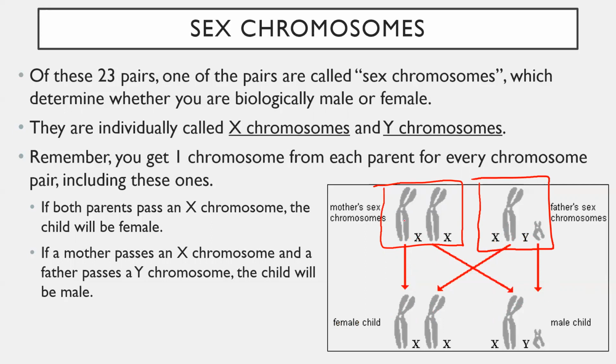However, if you get one of the X chromosomes from your mother and the Y chromosome from your father, that will make you male, right? So you'll have an XY pair like any other man would. So again, both parents pass on an X, you're female. If your mother passes an X and your father passes a Y, then you will be male.